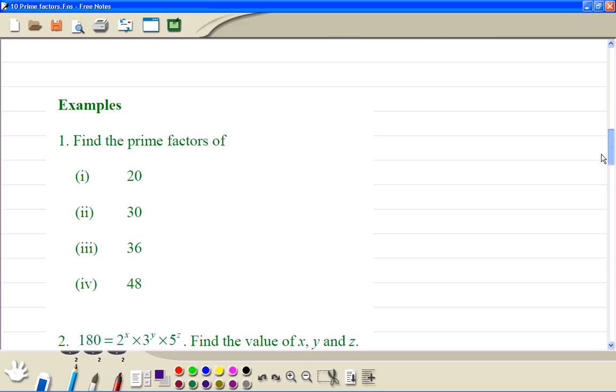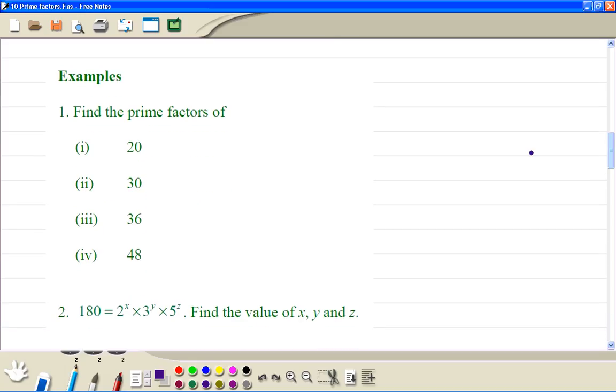Now we can look at prime factors. So we can use the division method. So we write the number 20 here. Then we just divide. You always start with the smallest prime number, which is 2.